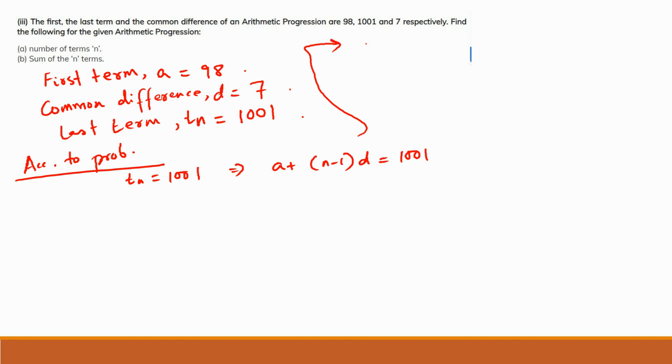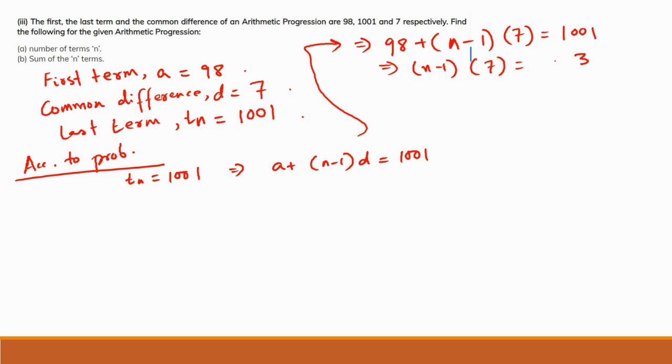Let me do it here to save some space. a is given as 98, n you need to find, the number of terms, and d, right now you know this is 7, they have given it to you, 1001. So n minus 1 times 7 is 3903. Okay, so from here you will find n equals 130. Okay, this is your answer to question A. The number of terms you found out should be 130.